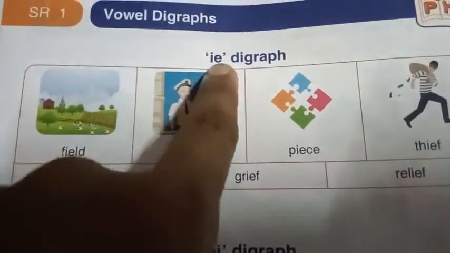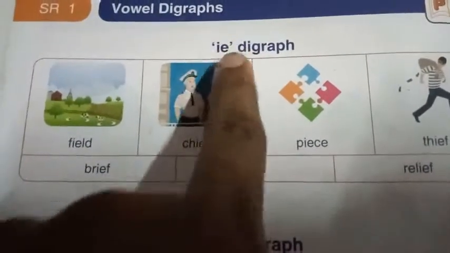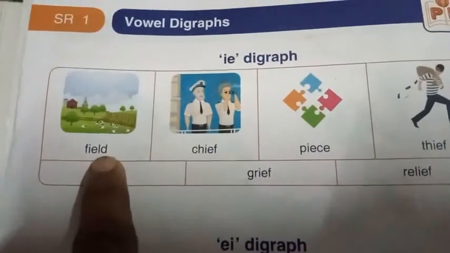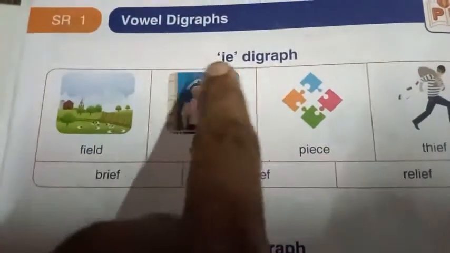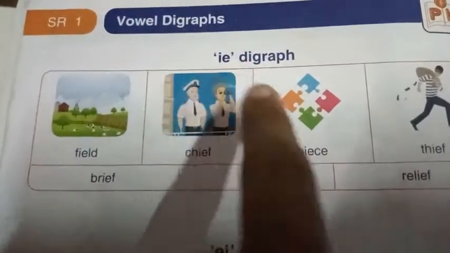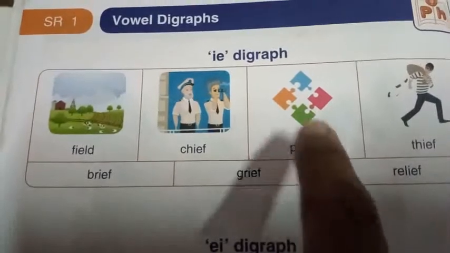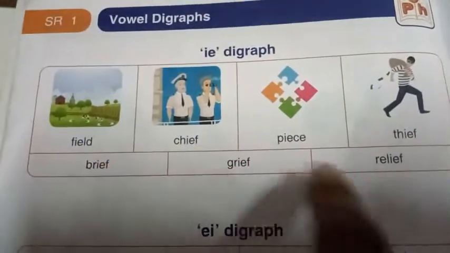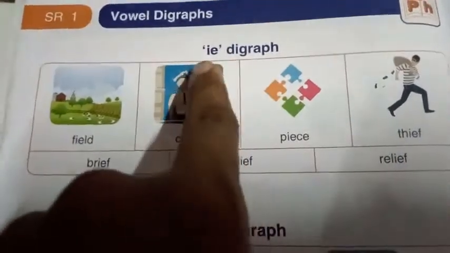E as in field. You also read along with me. E as in chief. E as in peace. E as in thief. Here are some more examples.